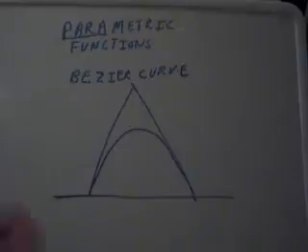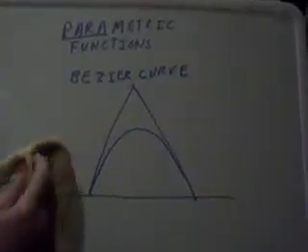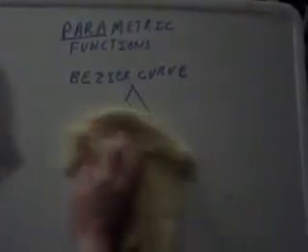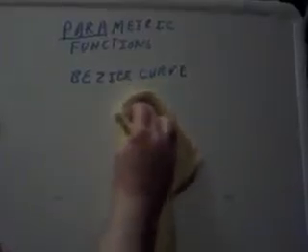You say, well, what is the usefulness of the Bezier curve? Well, that comes in SVG, Scalable Vector Graphics. So this is why I presented all this to you tonight.